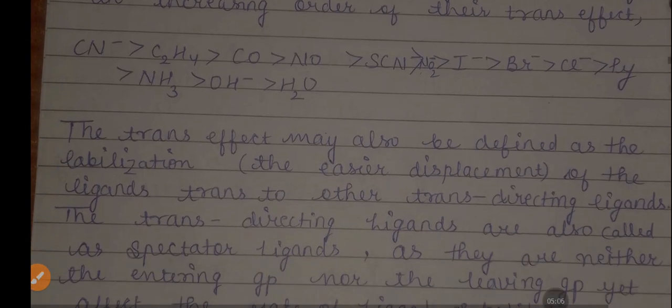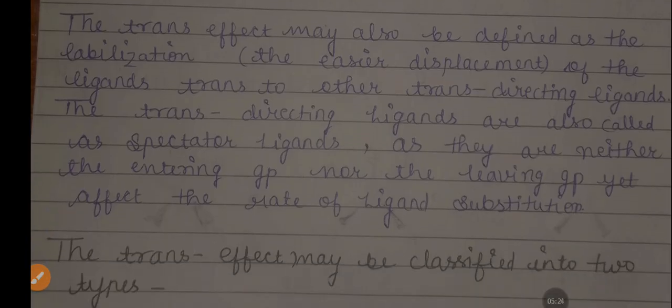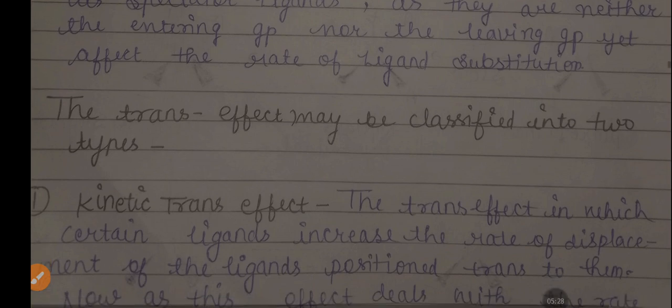The trans effect may also be defined as labilization, meaning the easier displacement of the ligands trans to other trans-directing ligands. The trans-directing ligands are also called spectator ligands, as they are neither the entering group nor the leaving group, yet affect the rate of ligand substitution. The trans effect may be classified into two types.